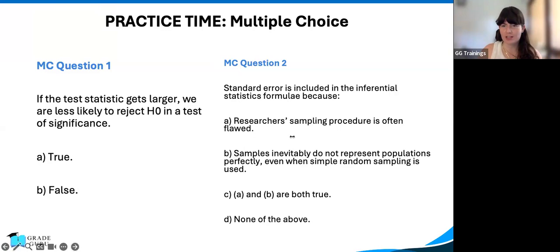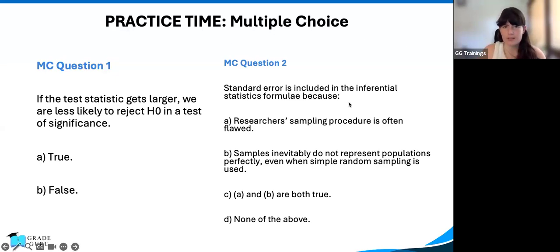Actually, can you put in the chat what you said, true or false? Okay, love to see it. Yes, guys, it is false. If the test statistic gets larger, we are more likely to reject H0. Good.